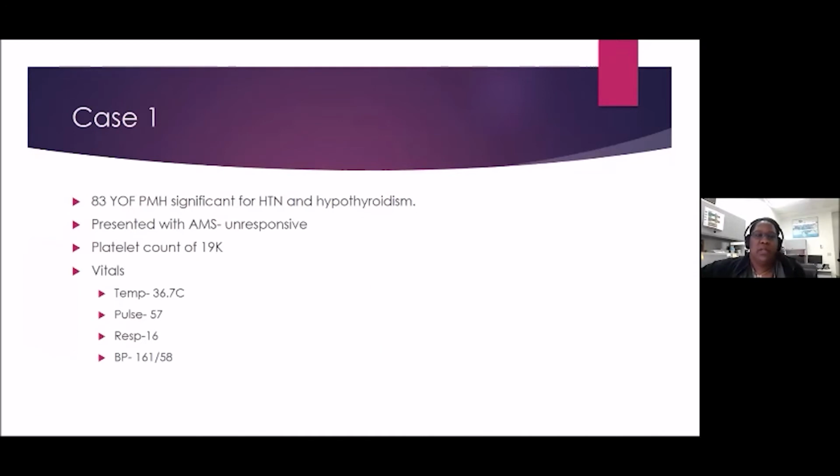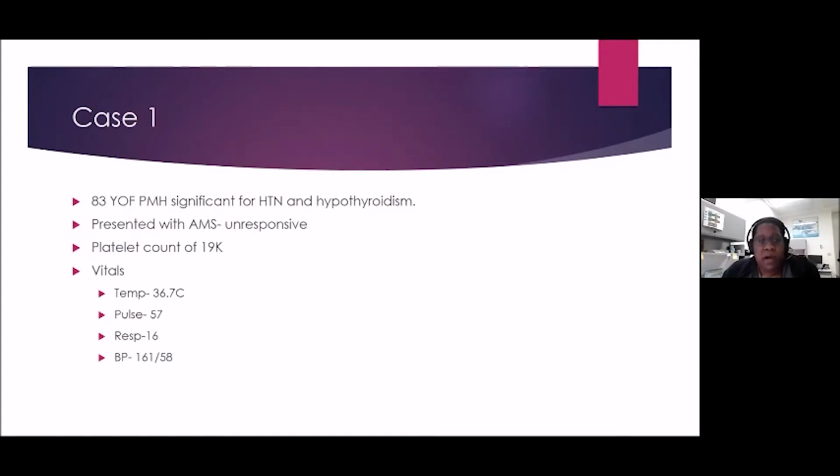So case 1, this is actually a real case. There's an 83-year-old female, past medical history significant only for hypertension, hypothyroidism, things that are very easily controlled with medication. She presented unresponsive. When her CBC was drawn, she had a platelet count of 19,000.